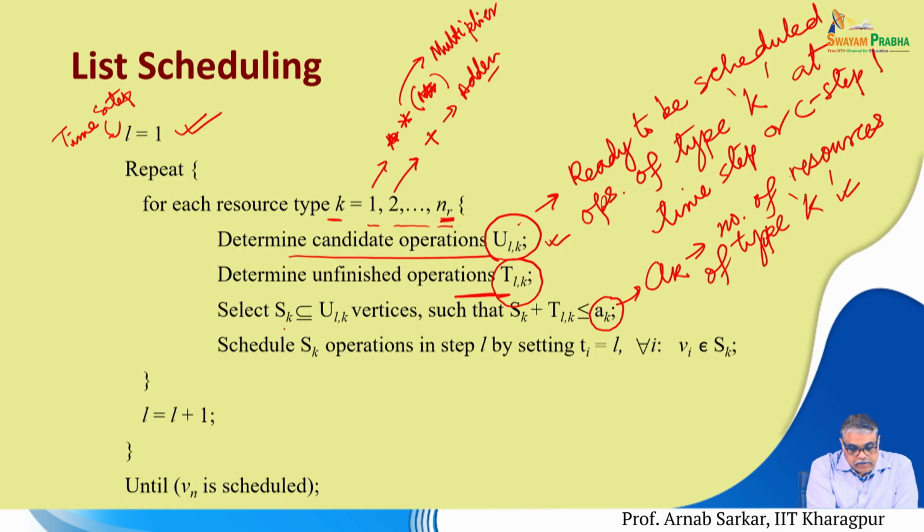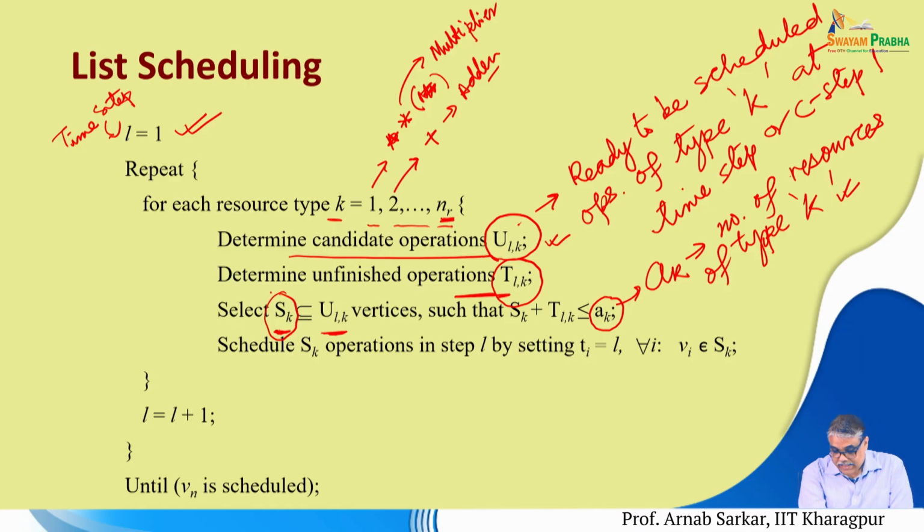Now, select a subset Sk from Uk. Uk gives me the entire set of ready to be scheduled operations of type k at time step L. Now, we choose a subset Sk.